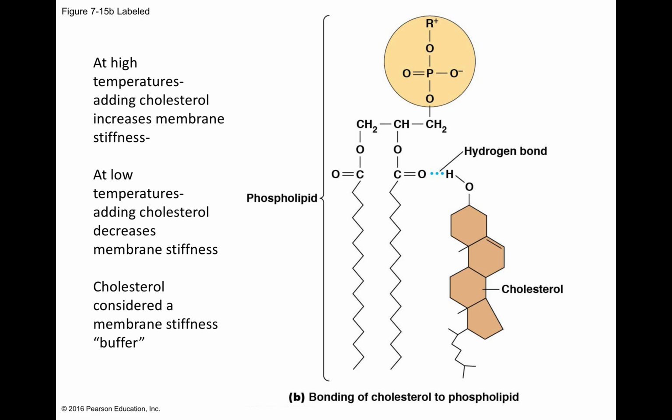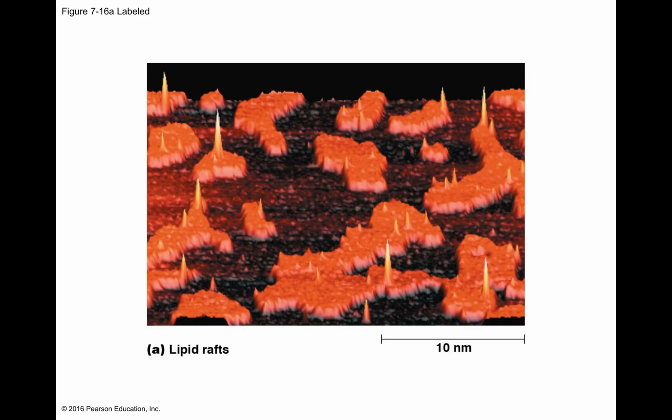So mammals adding cholesterol increases stiffness in the membranes, prevents them from being too loose. And fish adding cholesterol to the membrane decreases stiffness of the membrane. Adding cholesterol makes them more loose. And by adding, subtracting cholesterol, an organism can adjust its membrane stiffness to be just right.